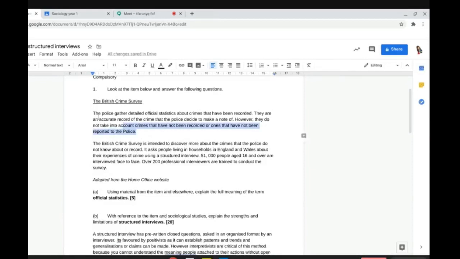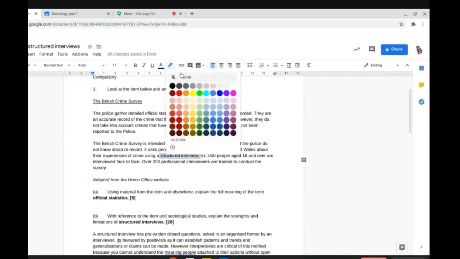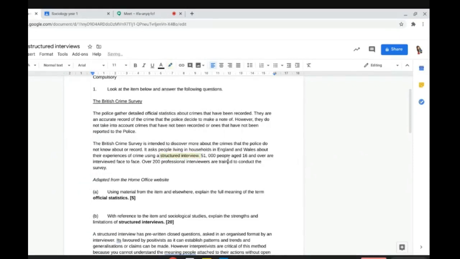That's clearly there for that 5 marker, so that's not helping me with structured interviews. The British Crime Survey is intended to discover crimes that the police do not know about or record. It asks people living in households in England and Wales about their experiences of crime using a structured interview.